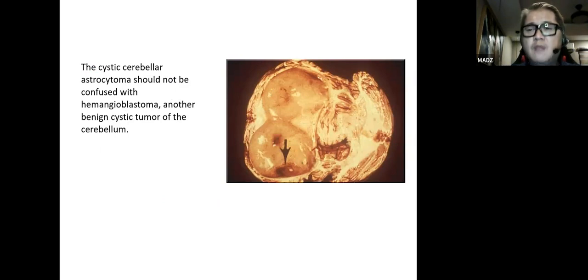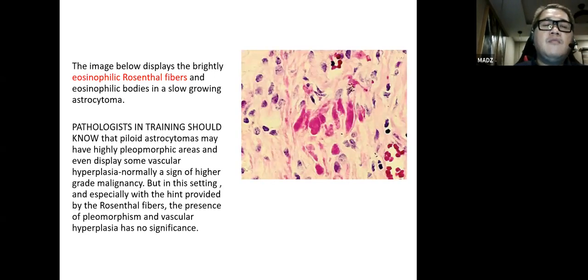Remember, I mentioned that the astrocytoma in adults is more commonly seen in the anterior portions of the cerebral hemisphere, while in children it is more common in the posterior fossa, in the cerebellum, and usually it is pilocytic, cystic. The image here displays the brightly eosinophilic crescentic fibers and the eosinophilic bodies in a slowly growing astrocytoma.